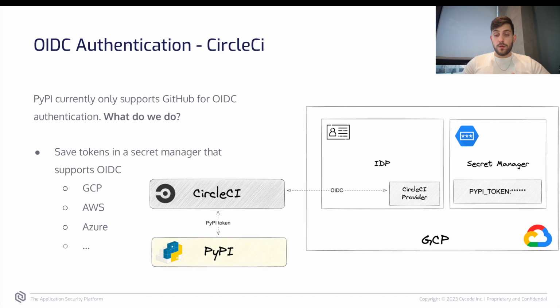Using that, we will be able to authenticate to a secret manager of GCP, for example, using OIDC, and pull the PyPI token from the GCP secret manager. And then, after retrieving the PyPI token at runtime, we can use it to authenticate to PyPI. We can utilize OIDC for authenticating with PyPI, even though PyPI does not support OIDC from CircleCI yet.